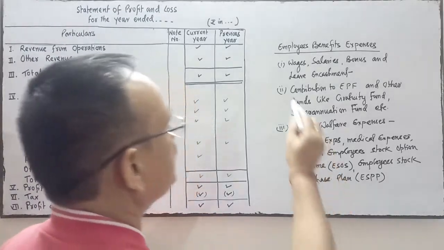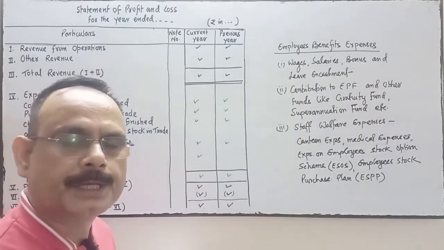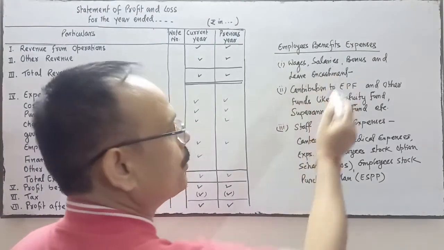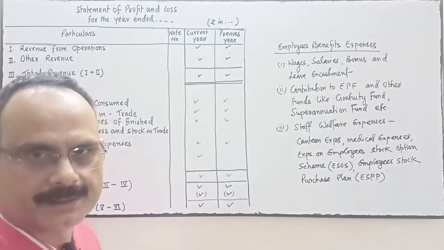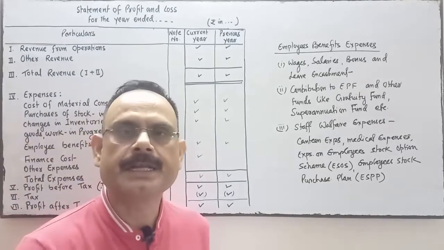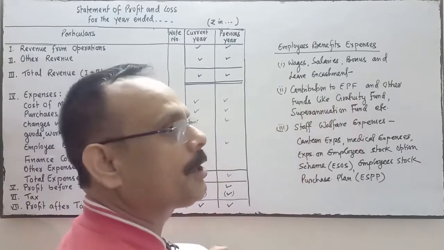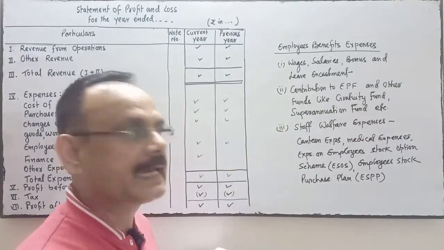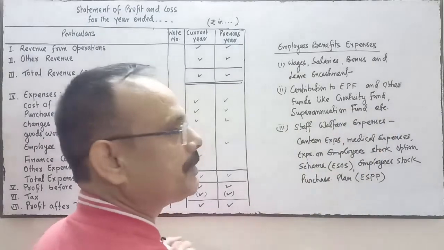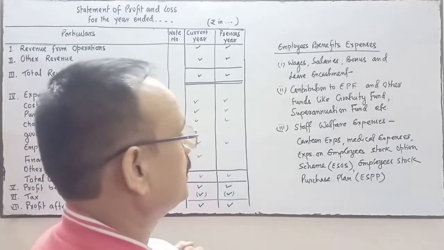contribution to the employee provident fund, employee stock option plan. So employee benefit expenses are related to the employees of the company, like wages, salary, bonus, leave encashment, contribution to the employee provident fund and gratuity, and other funds like gratuity fund and superannuation fund.